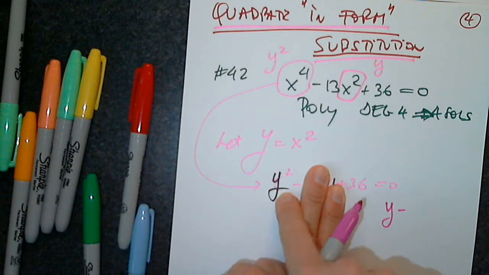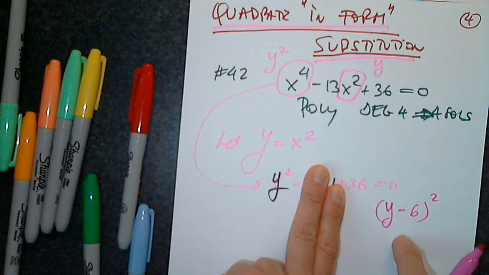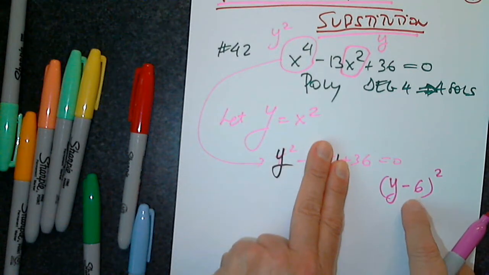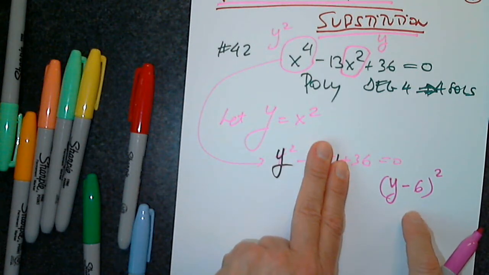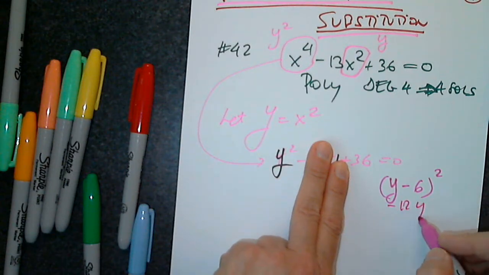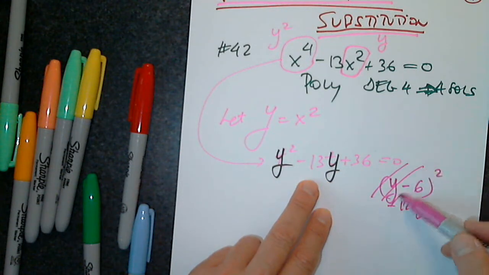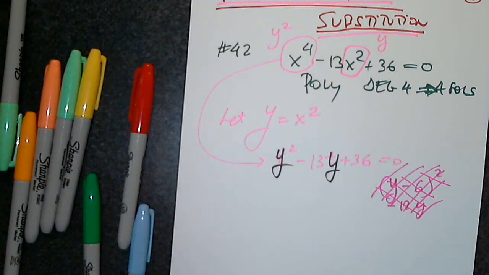This one is minus, right? y minus 6, everything squared. What is the middle term when we expand this into 3 terms? Negative 12y. So it's not a perfect square. This doesn't work. Okay. Is the leading coefficient 1?